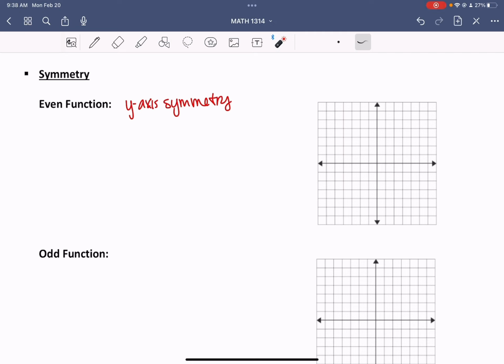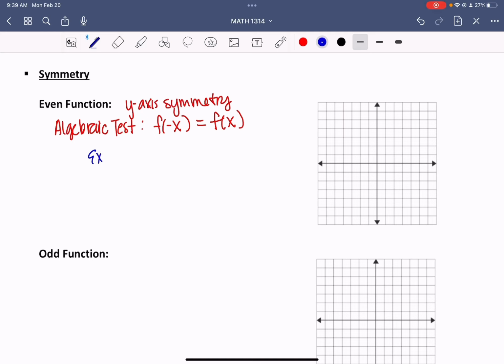Now visually, I don't doubt that you could see the symmetry just looking at a graph. But what we want to do is an algebraic test to look for that symmetry. So here's how you find that test. If you plug in a negative x into your equation and it gives you the original back, or the same, then you have y-axis symmetry.